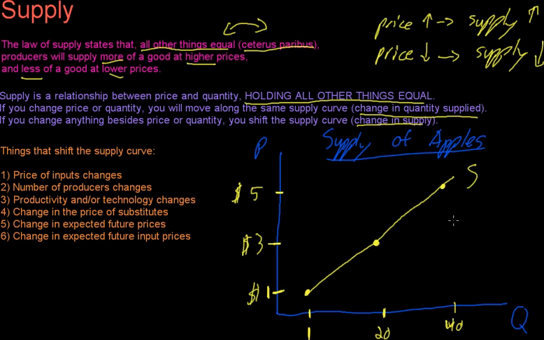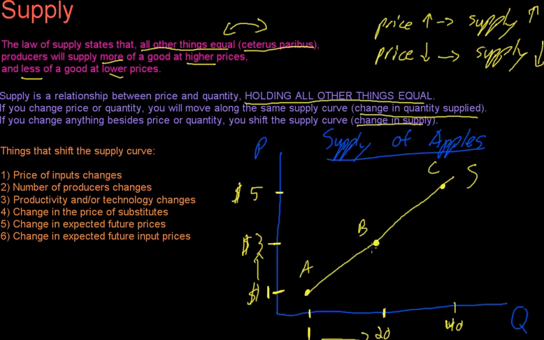So again, this is holding all other things equal. As the price of apples goes up, quantity increases, and that gives us the supply line. And so we'll label this A, B, and C. So let's say that apples were selling for $1 last year, and this year they're selling for $3 an apple.